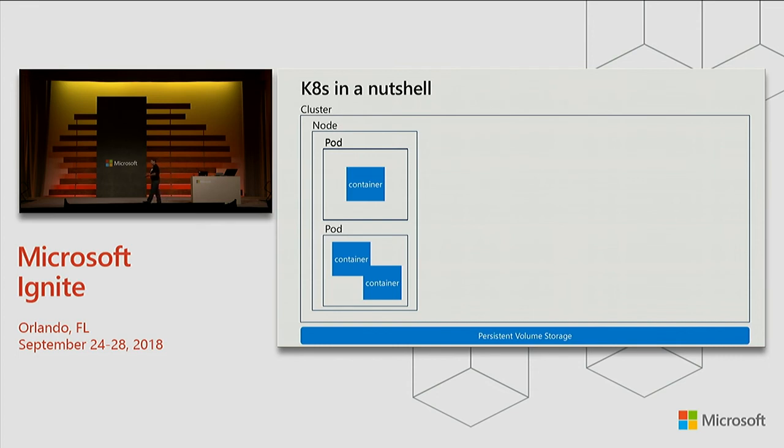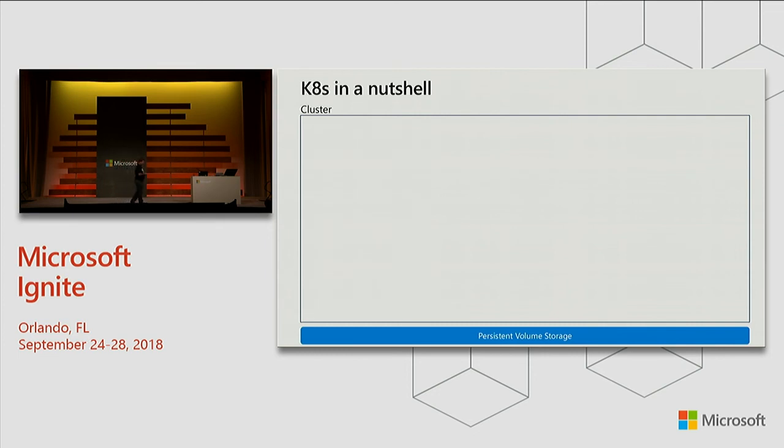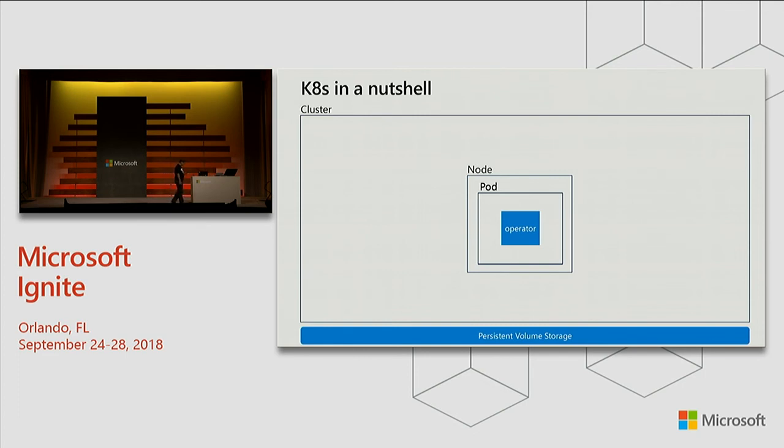For stateful containers like SQL Server, you want to store your database somewhere and not lose it, right? So Kubernetes provides this concept of setting up persistent storage so you can point data like SQL databases to that storage. And second of all, a really cool thing that Kubernetes now supports, which we're taking advantage of, is called an operator.